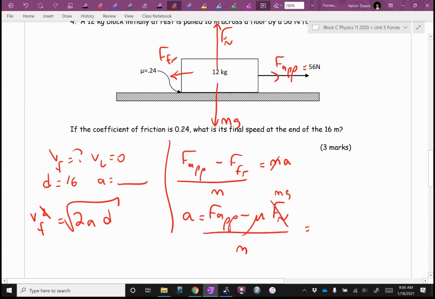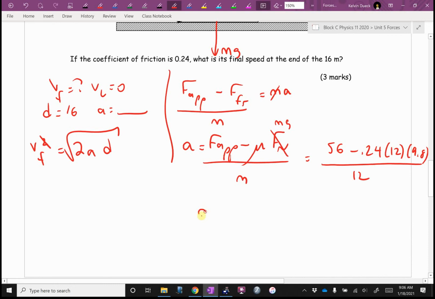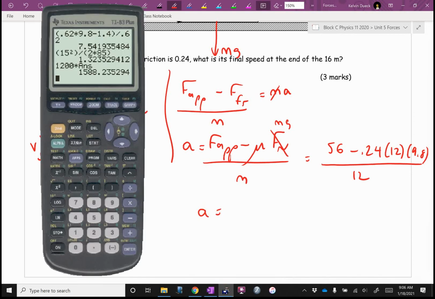So the acceleration is going to be 56 minus, no, minus mu, Mr. Duke, don't forget the mu, minus 0.24 times 12 times 9.8, all over 12. Bracket 56 minus 0.24 times 12 times 9.8, divided by 12.